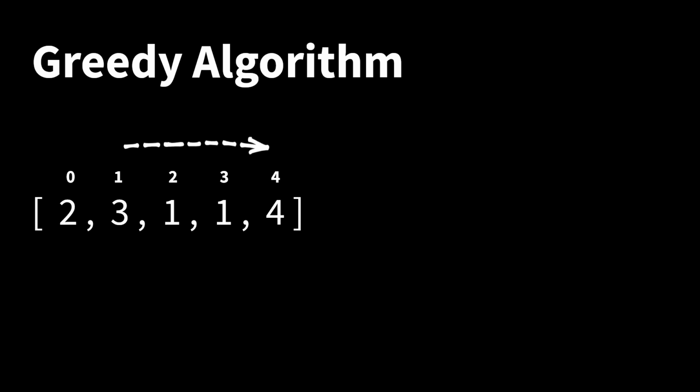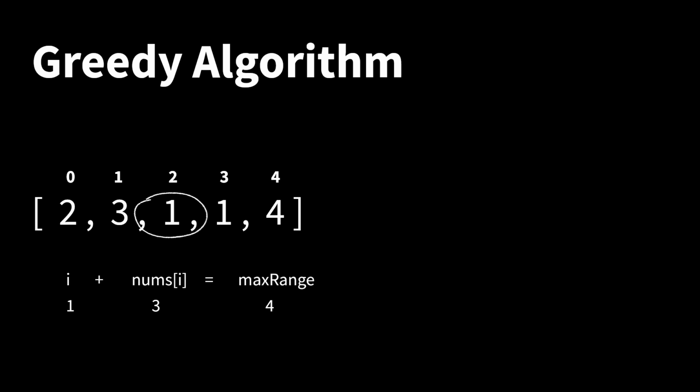You are calculating it via current index i plus your current number, which equals 3, and hence you find that you are reaching 4, which is your range for this number. When you come back to this number 1, you will check your range, which is i plus 1. i is 2 here, and my current number is 1, so I will have a maximum range of 3.